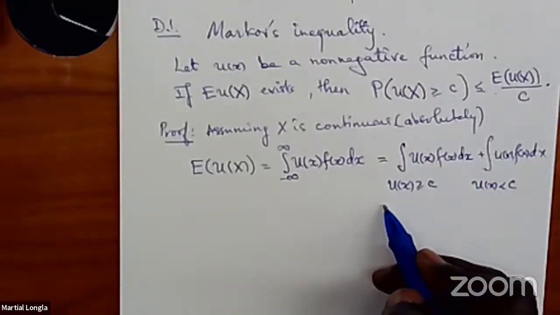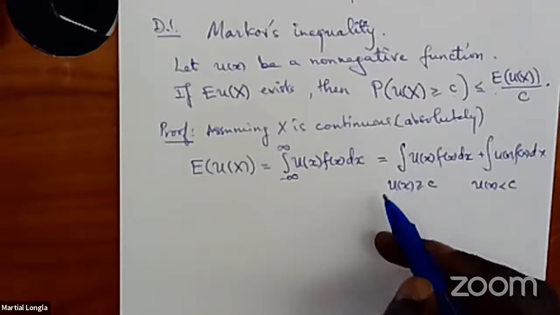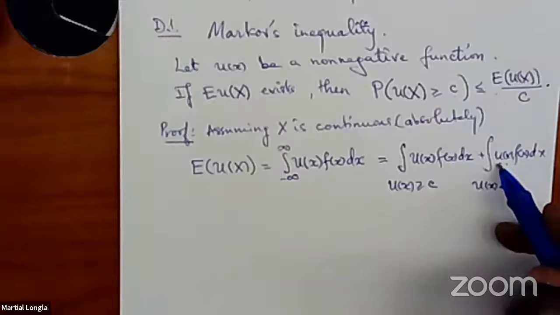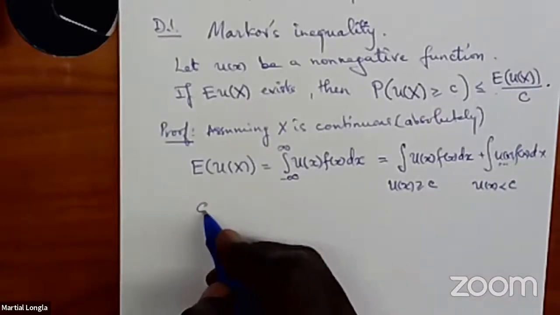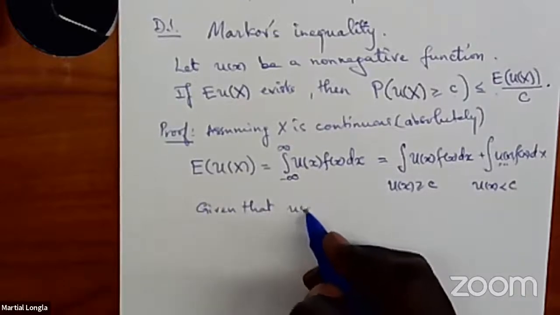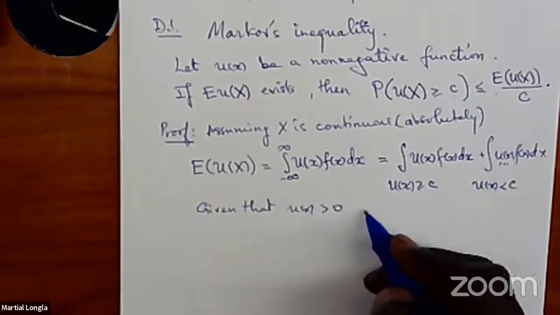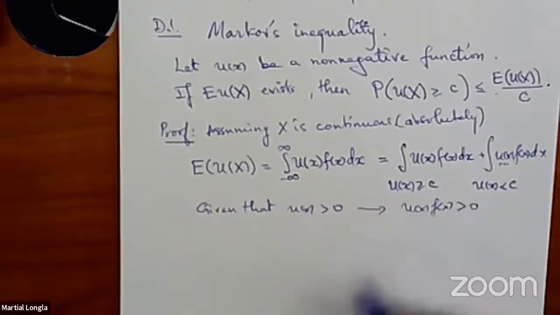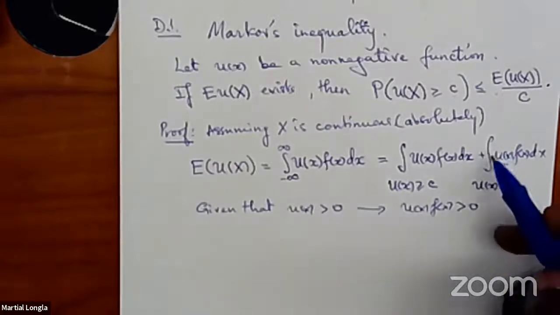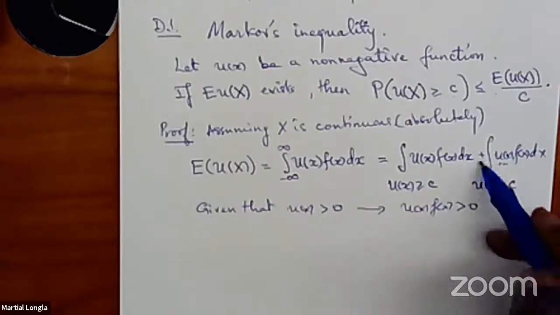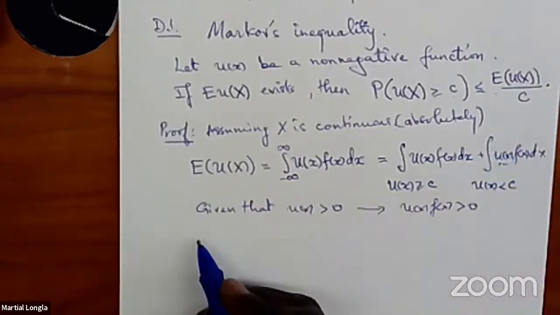And given that the function u of x is positive, that implies that u of x times f of x is positive, because f of x is positive as well. Therefore, this component here is positive. This integral here is positive.